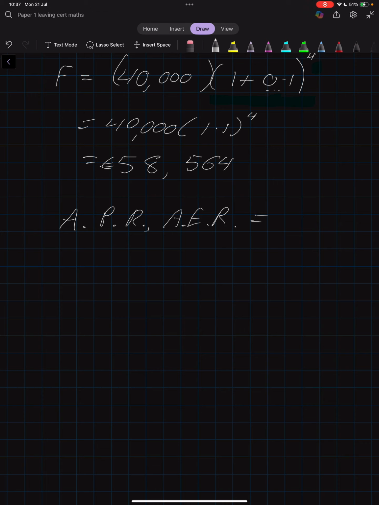For all purposes in the Leaving Cert, this is just interest. So if they tell you the AER is 3%, that just means that the interest I is 3%. They're just using different words, but the second you see APR, it's just interest. And be careful, the A stands for annual. So this is an annual rate of interest, so per year.